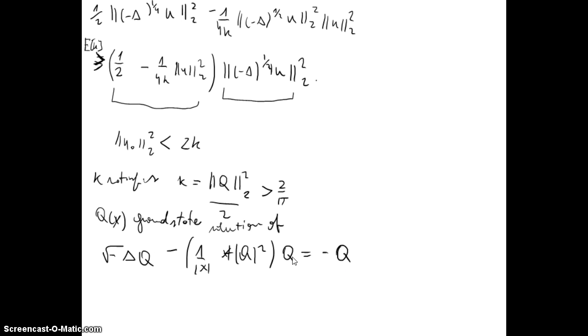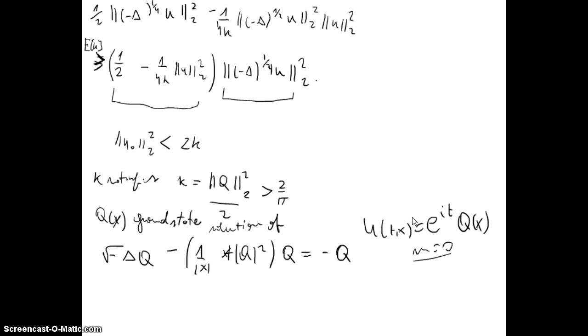One can prove that it gives rise to a solitary wave solution such as u(t,x) equal to, for example, e^{imt} q(x), and with m equal to 0.